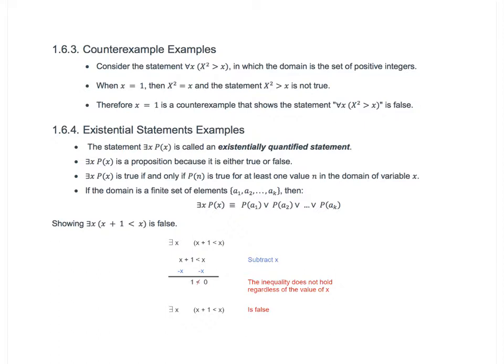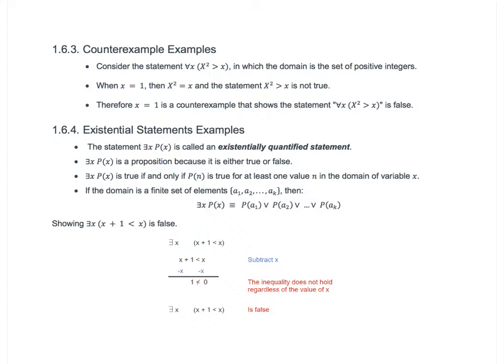If you remember, we defined a counterexample for a universally quantified statement, and we said the counterexample is the value in the domain of the variable of the predicate that makes the predicate false for the universally quantified statement.